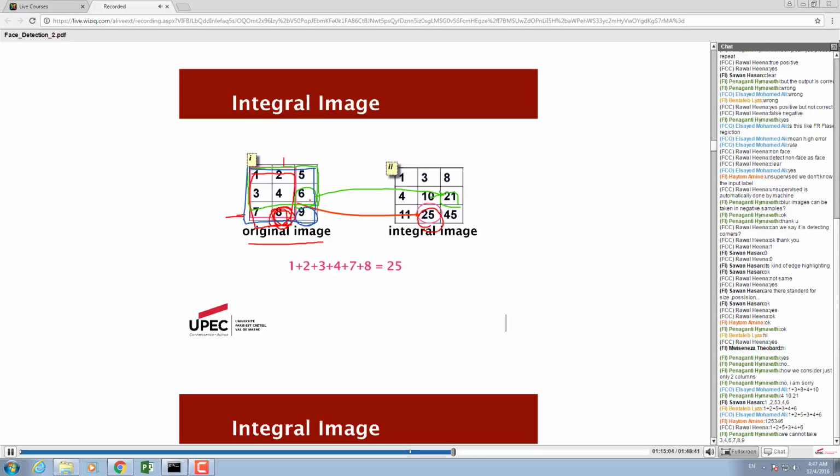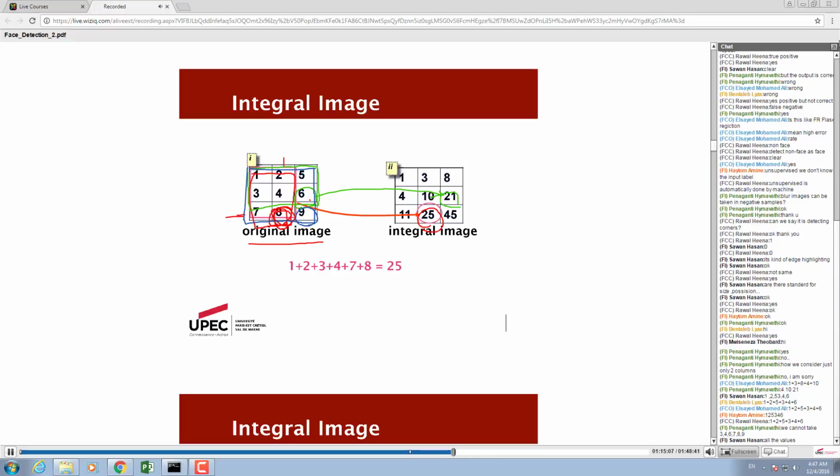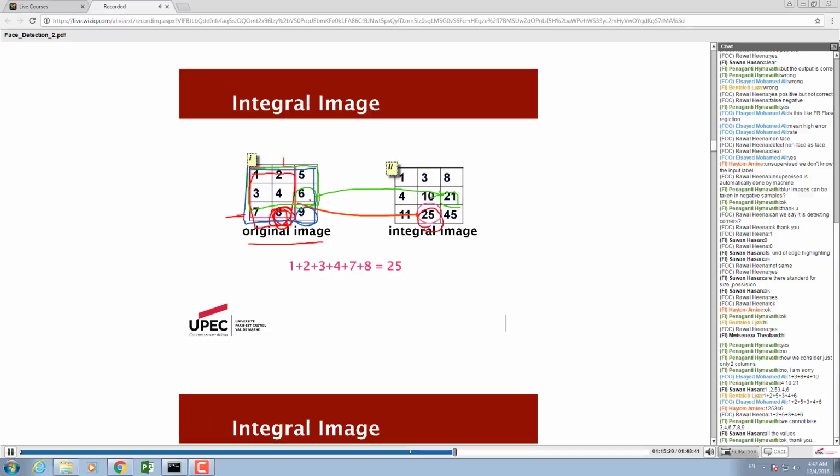We have to use the 3 columns and 3 rows. It means all the pixels. So there is nothing like starting from the middle, like 3, 4, 6, 7, 8, 9. Is that clear? That is the integral.